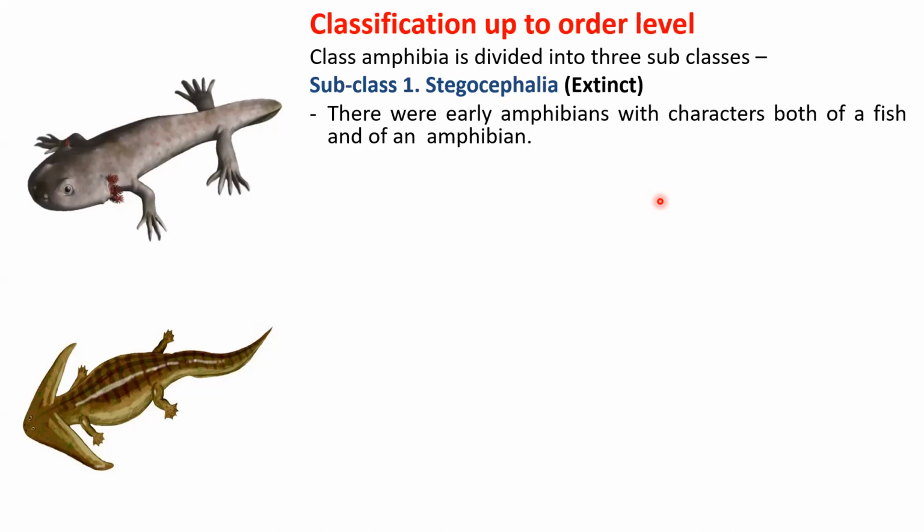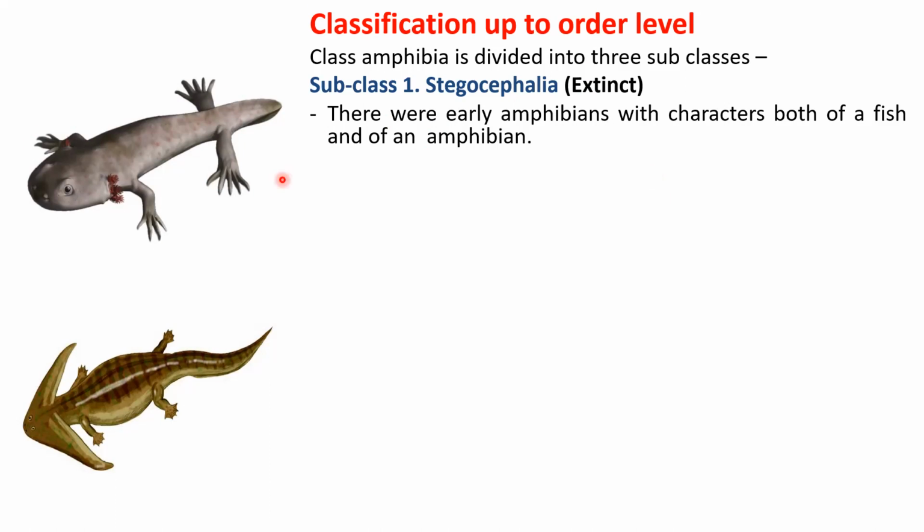From this subclass, the amphibians are noted to be early amphibians with characters of both a fish and an amphibian. You can see in this picture the amphibians from the subclass Stegocephalia, and this subclass is extinct, meaning the animals are not present in this period.